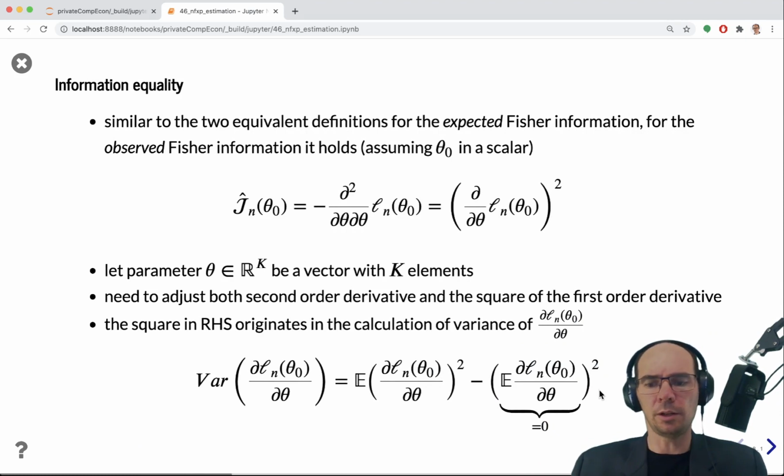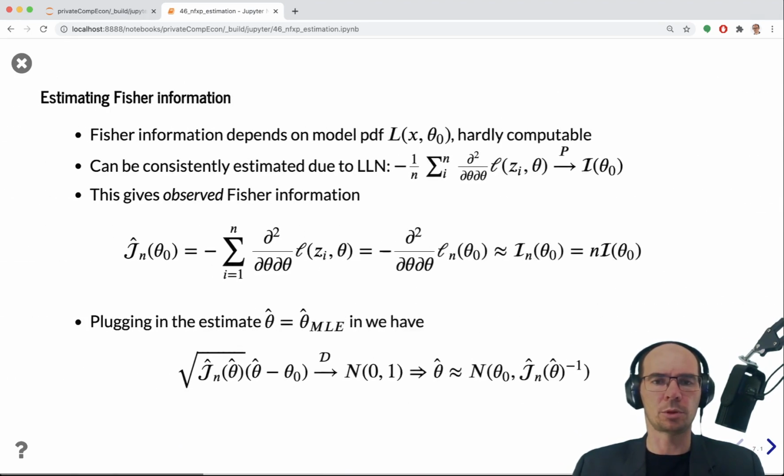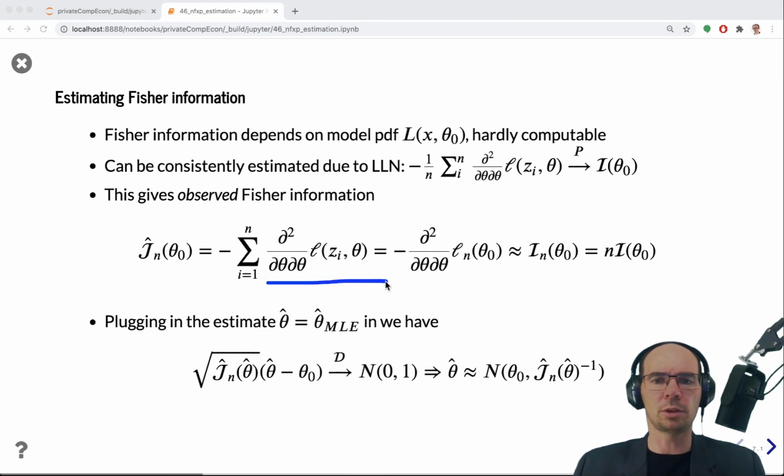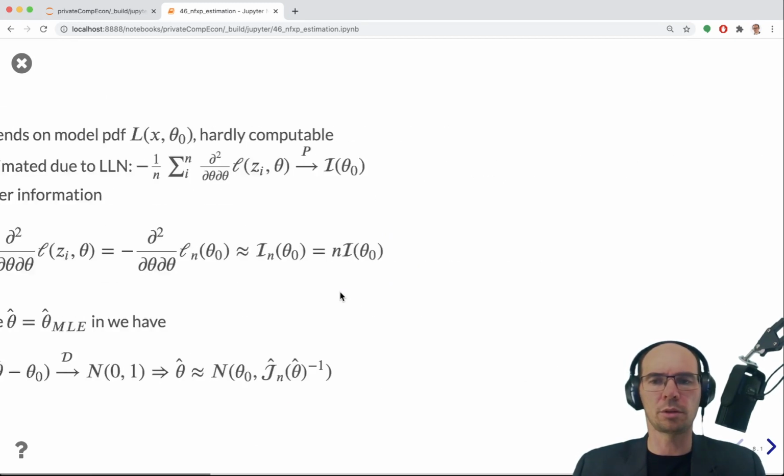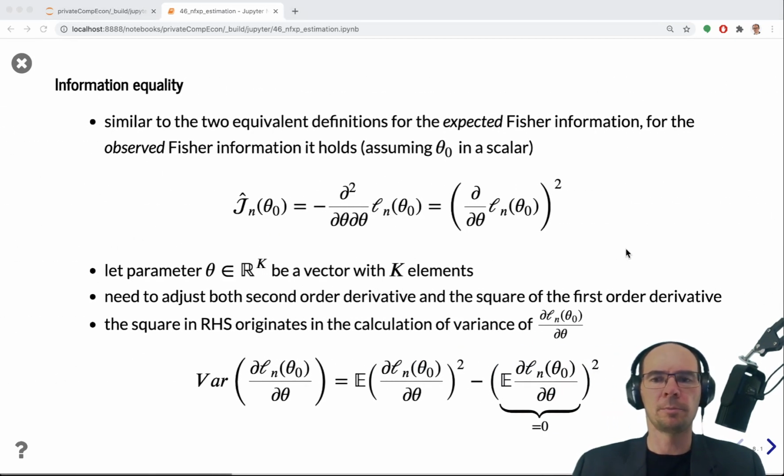But we have to continue talking a little bit more about this, because it also has to do with how we calculate this observed Fisher information. We don't really want to calculate the second order derivative, although we might do that if really needed. But here's a beautiful fact.